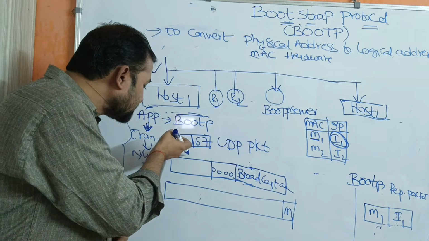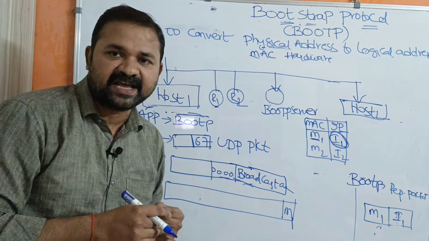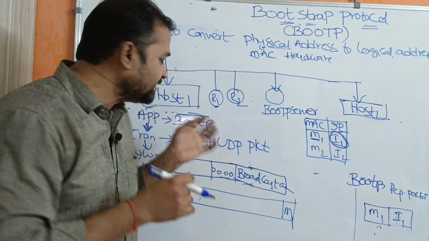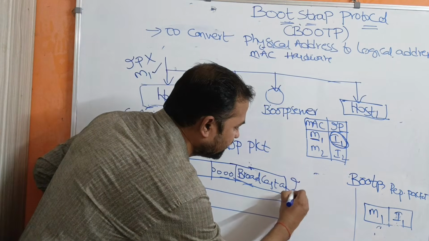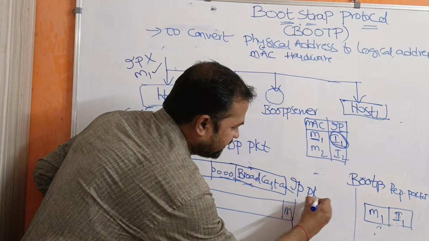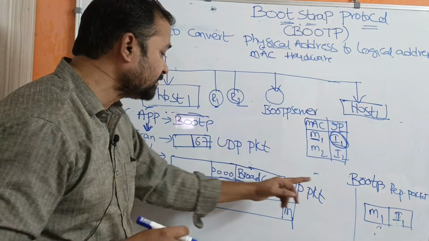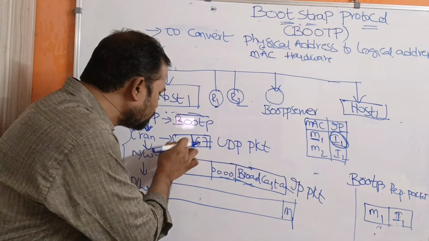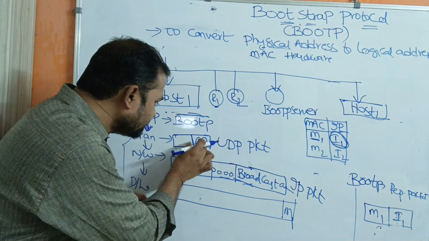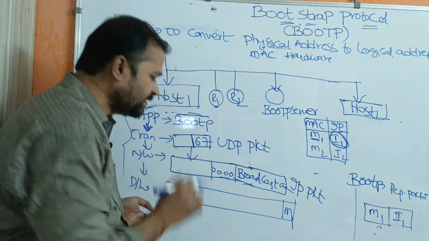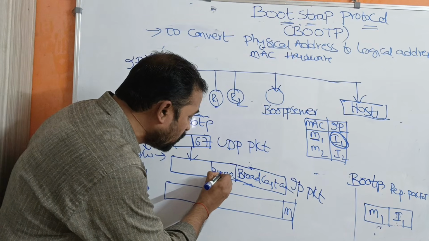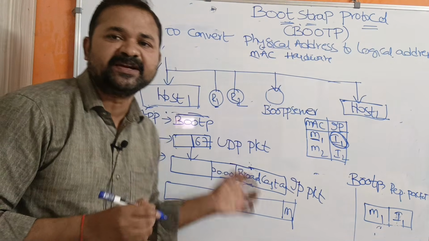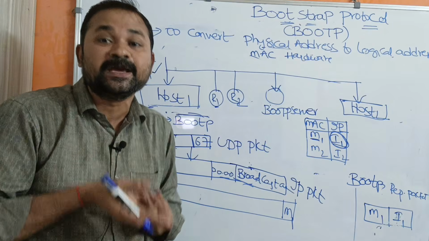Next, this message will be transferred to the network layer, where it will be encapsulated in an IP packet. In addition to the BOOTP message and the 67 information, we need to append 0.0.0.0, which specifies that we don't know the IP address.